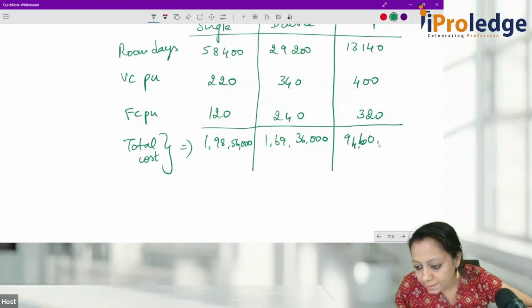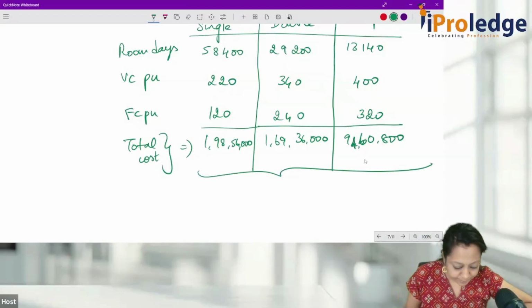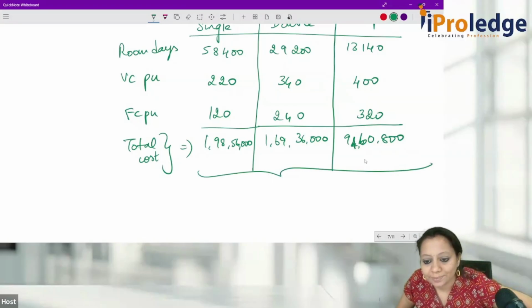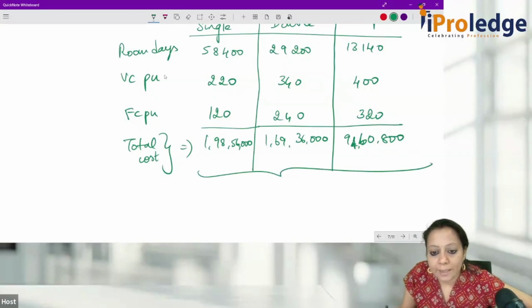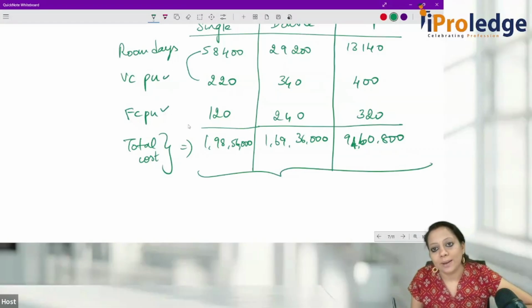Ninety-four lakh 60,800. Now you'll all do the total. Variable cost per unit, fixed cost per unit, 220 into 58,400. Okay. So now same way for fixed cost.